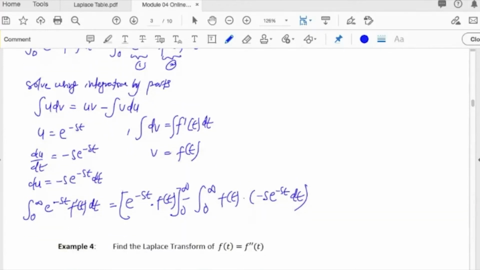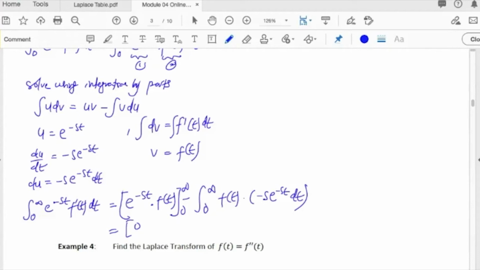Okay, so we start with the limit first. If you put in infinity, if you replace t with infinity, this whole component will be approaching 0, because exponent to the power of negative infinity becomes very small, approaching zero.